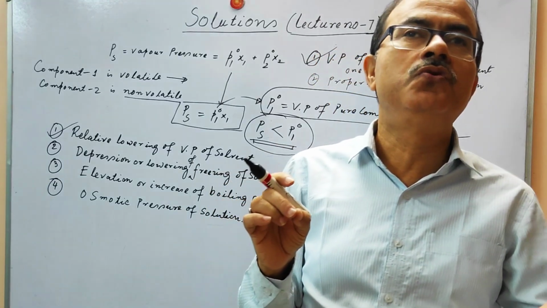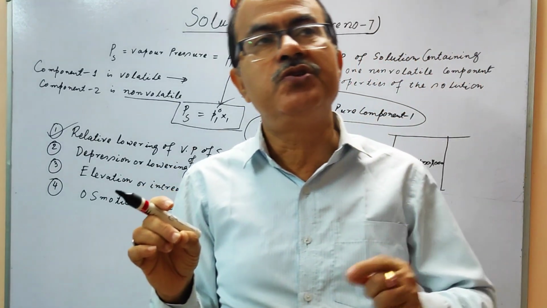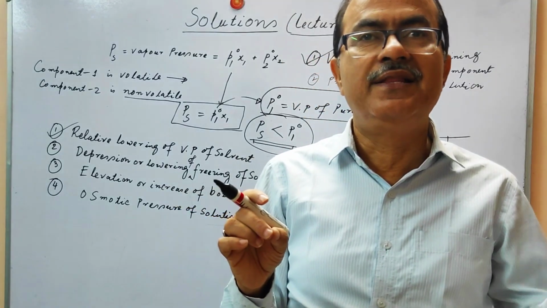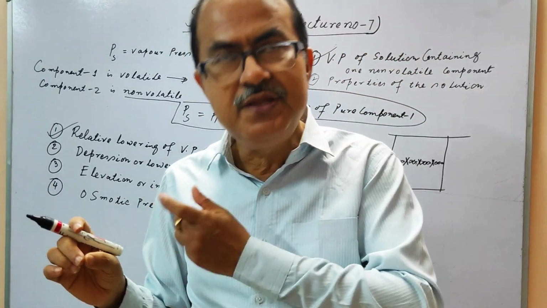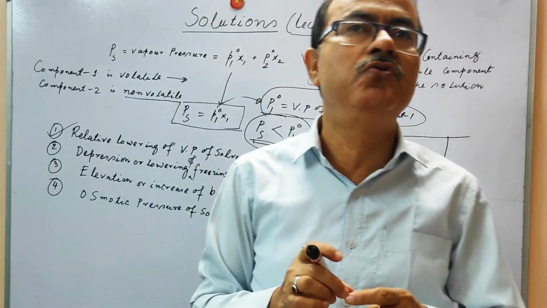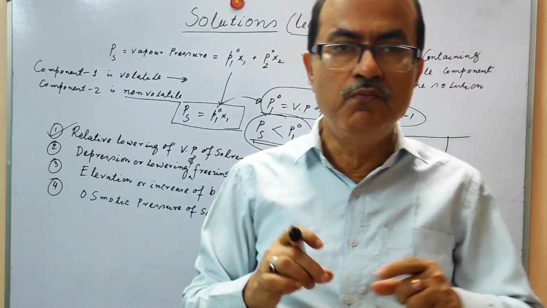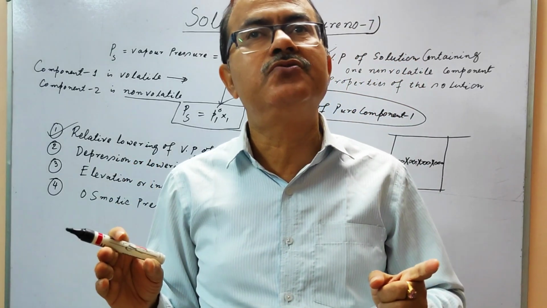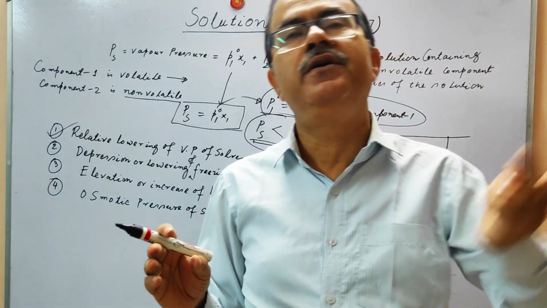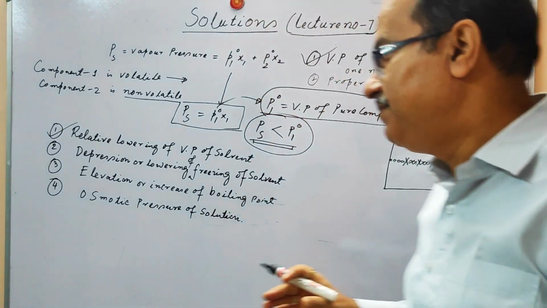Solute molecules will not contribute anything towards the vapor pressure because they are non-volatile, and at the same time we are reducing the number of solvent molecules, so fewer solvent particles will evaporate. So there will be a lesser vapor pressure.